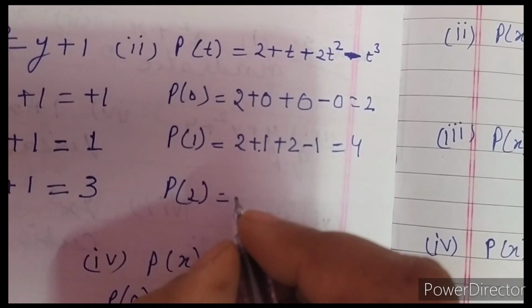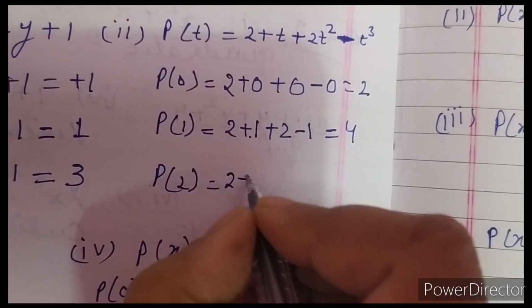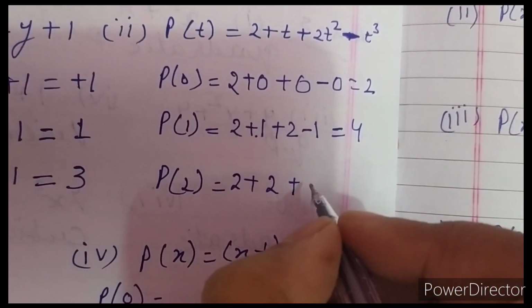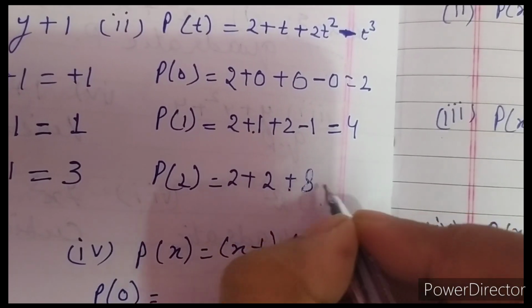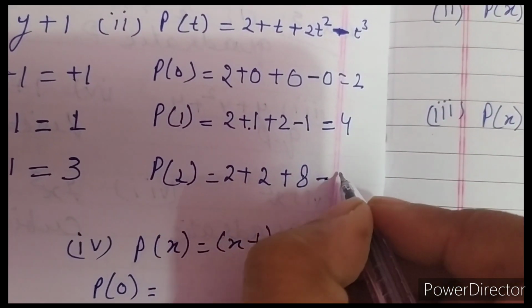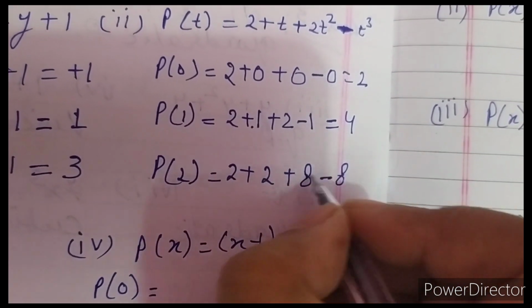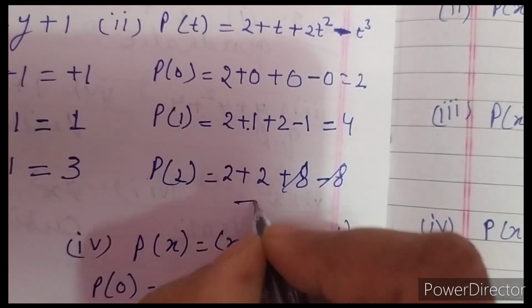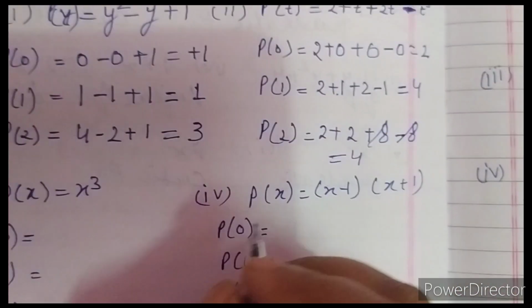If the value of t is 2, then it will be 2 plus 2 plus 2 to the 4, and 4 twos are 8, minus 2 cube, that is minus 8. Plus 8 minus 8 will cancel and the answer you will get as 4.